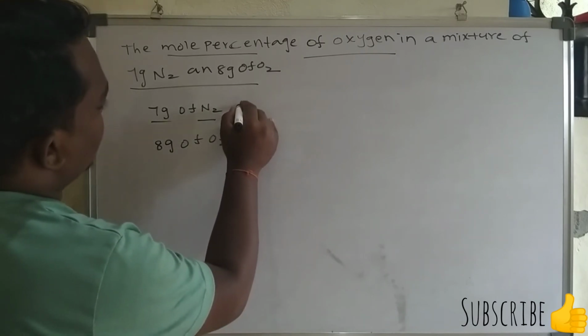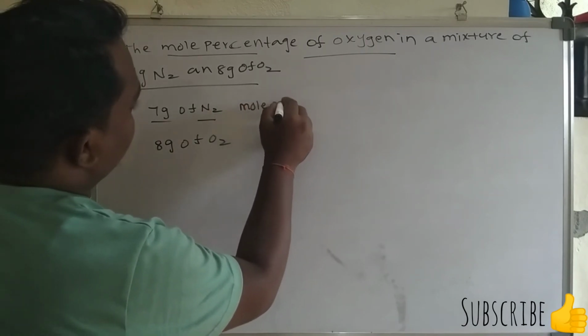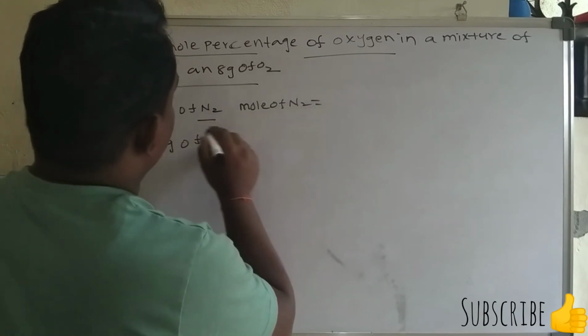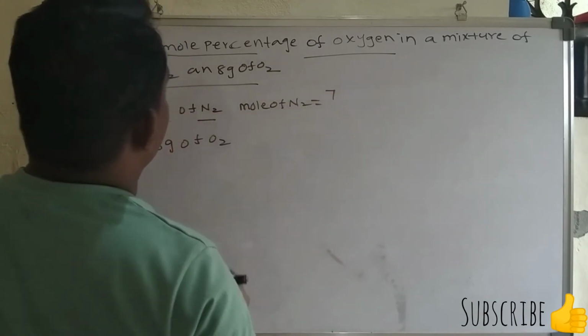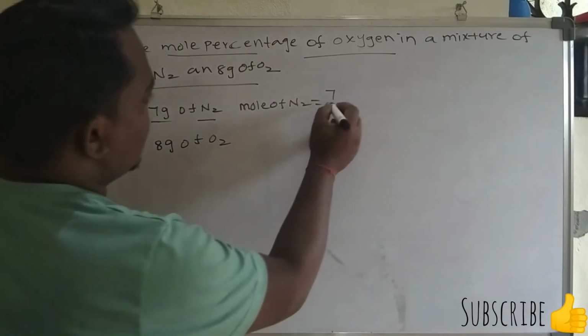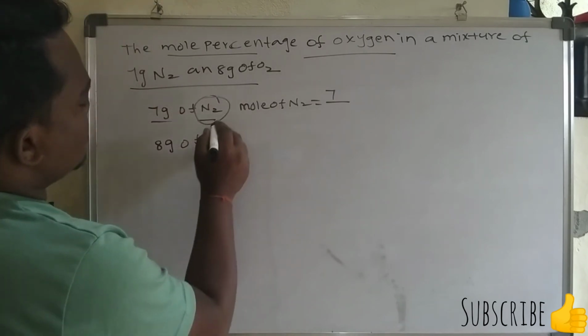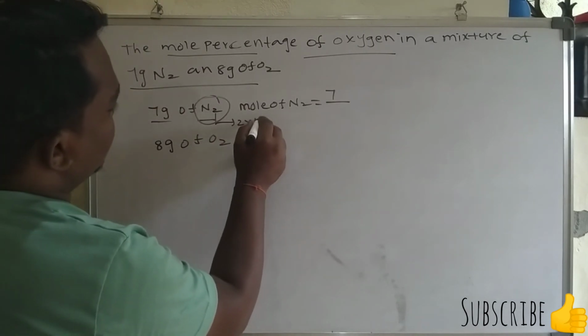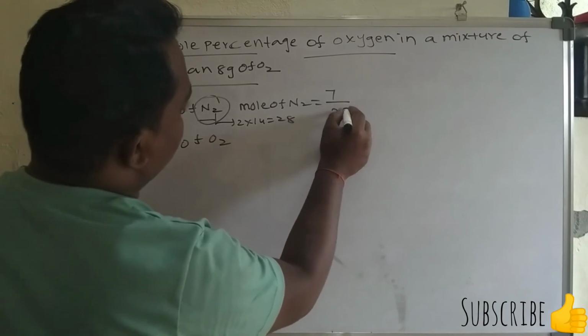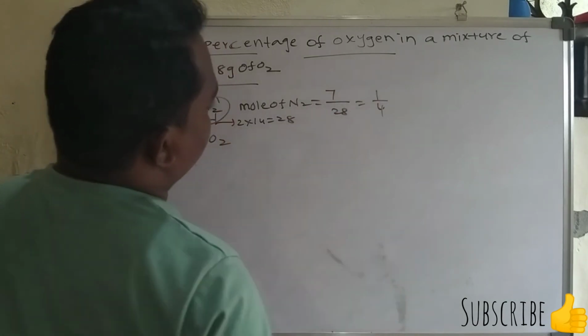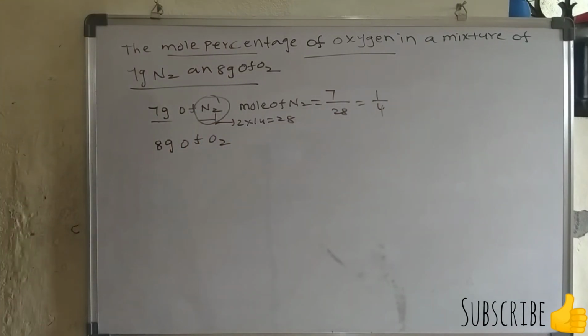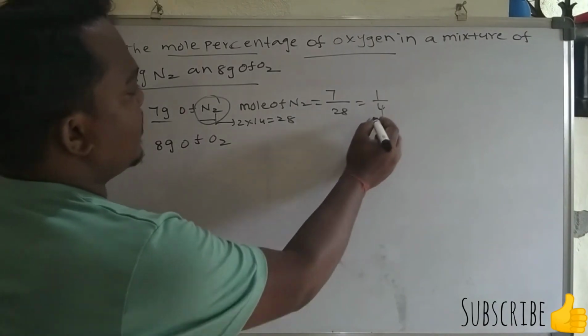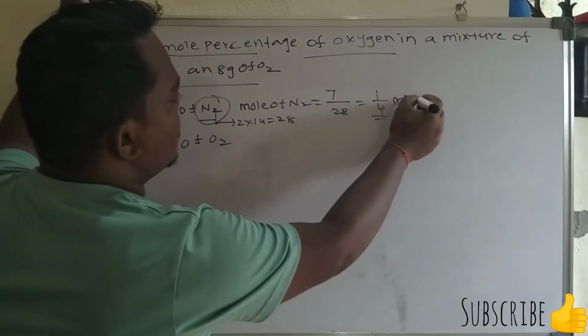So moles of N2: the weight given is 7 grams, and the molecular weight of N2 is 2 into 14, that is 28. So it is 1 by 4 moles of N2.